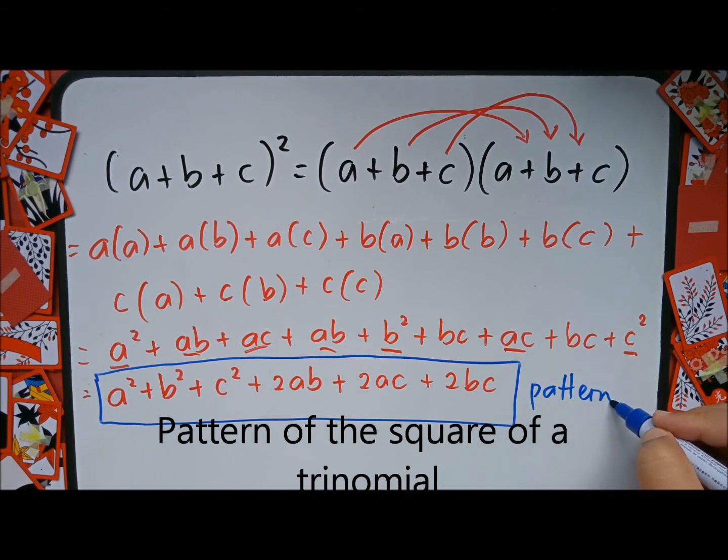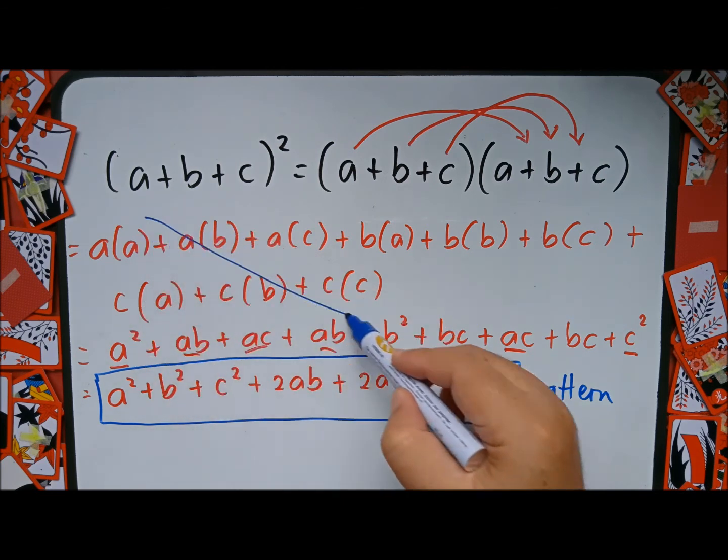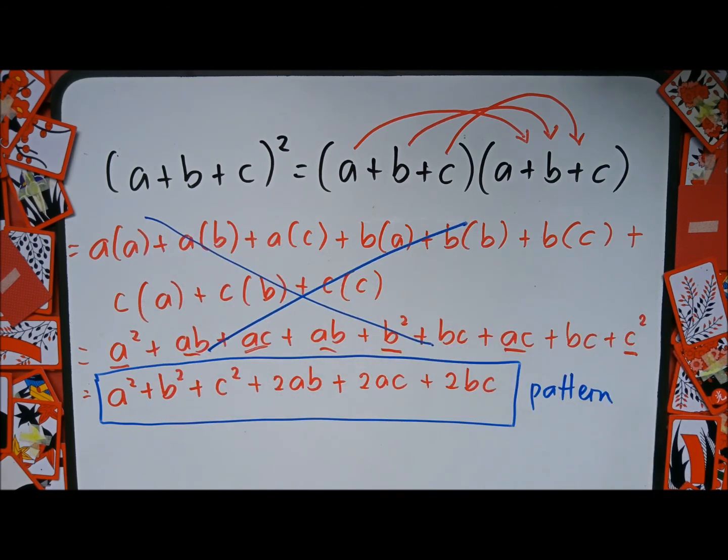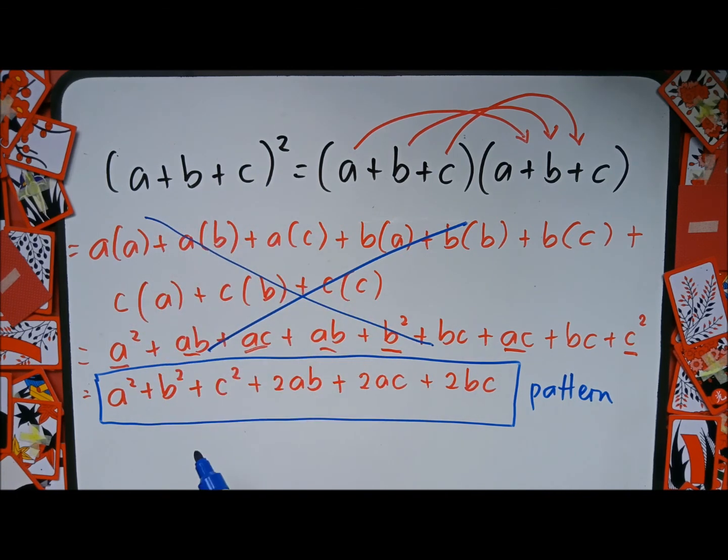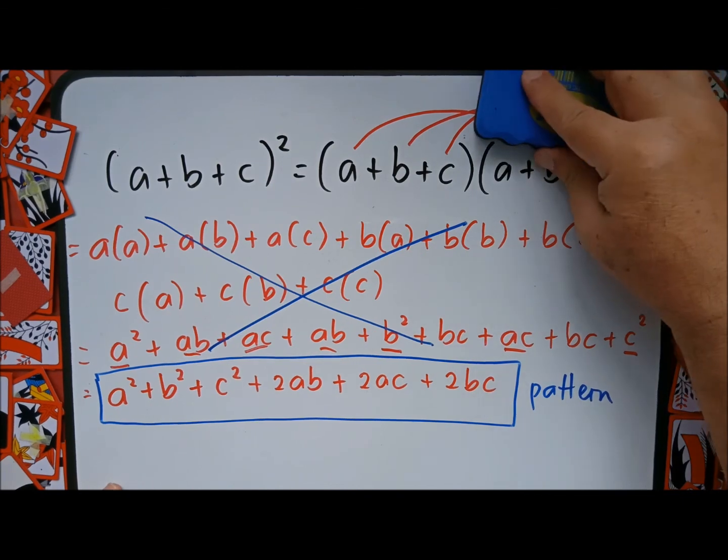So, why is this called a special product? Because you will not undergo all this process. Whenever you see a trinomial squared, this will be your answer. Just substitute to your pattern. Okay, so let us have this pattern on top.